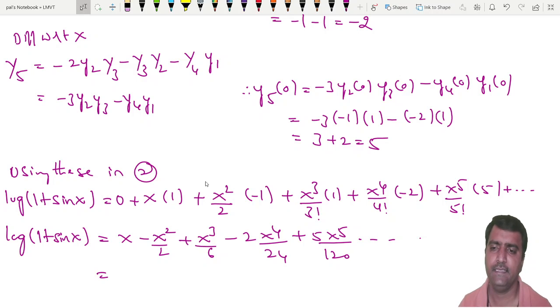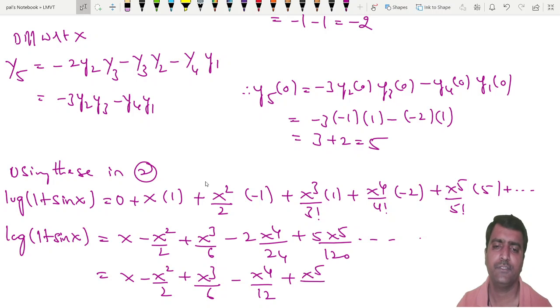Or you can write it as x minus x square by 2 plus x cube by 6 minus, cancelling 2 and 24, x to the power 4 by 12, plus 5 divided by 120 is 1 by 24, x to the power 5 by 24. You can guess the next term, x to the power 6 by 20, 24 twos are 48, 12 twos are 24, like that.